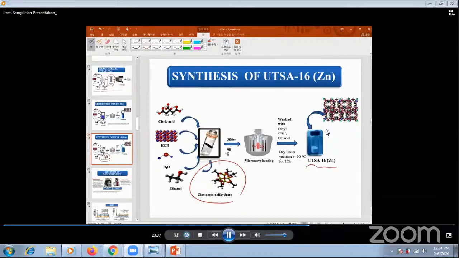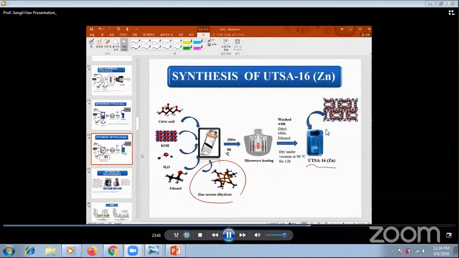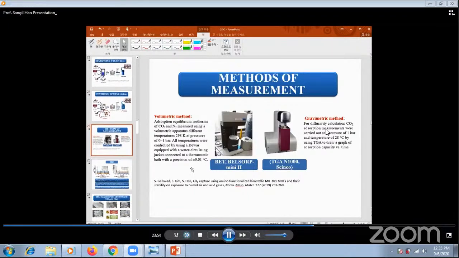This material is a new material. When you compare the crystalline XRD patterns, it shows similar XRD patterns. That means only the metal was replaced on the same crystalline structure.